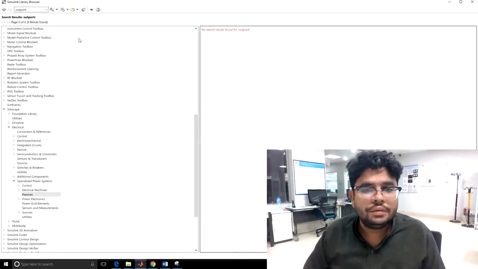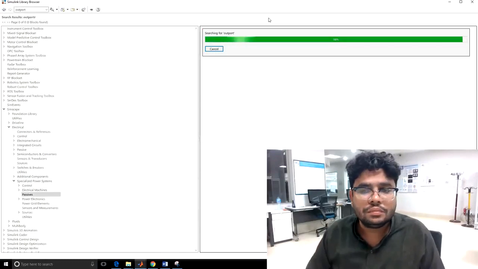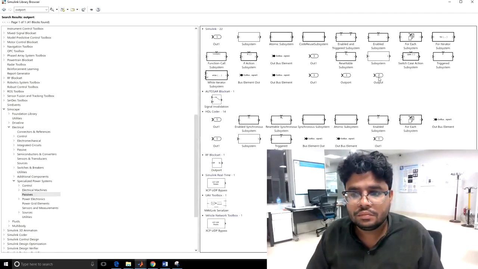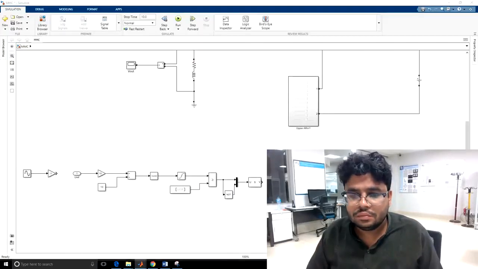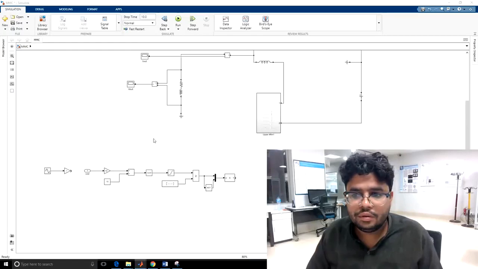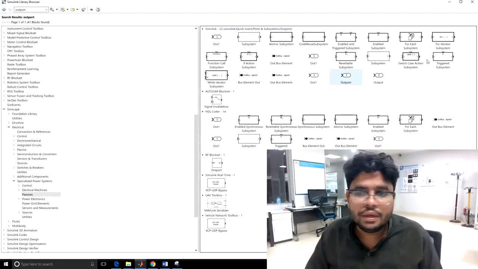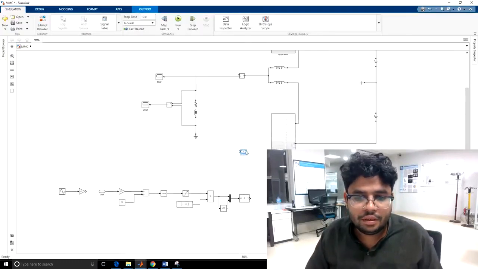Where has it gone? The data block to model MMC. That's the output.